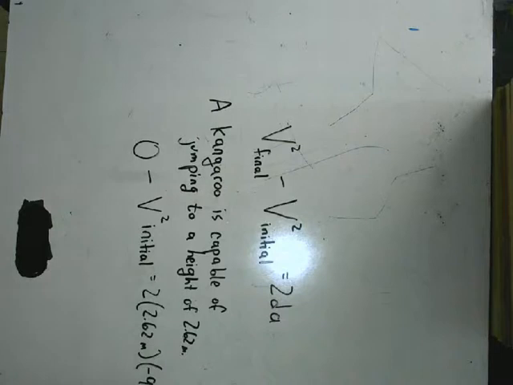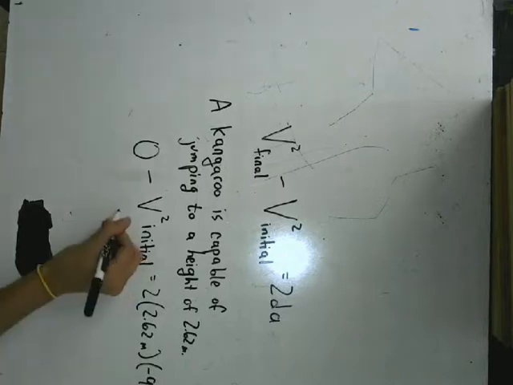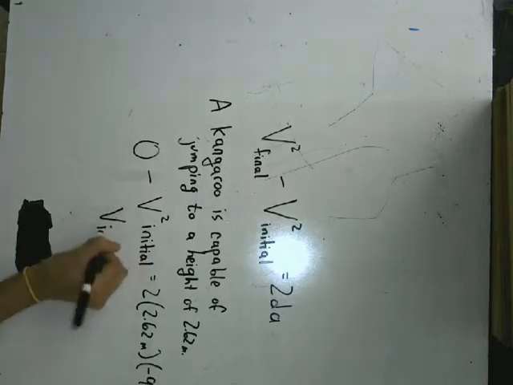And so when we solve for v squared initial, we eventually get v initial equal to 7.166 meters per second.